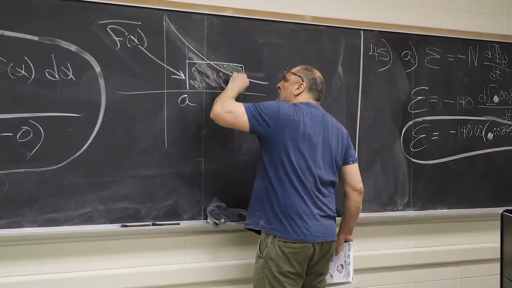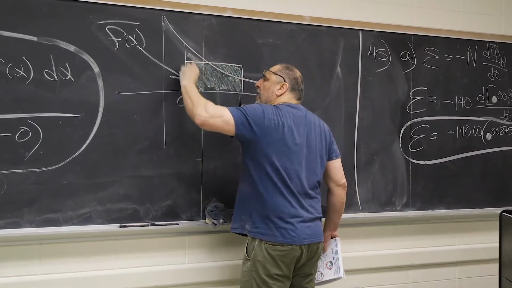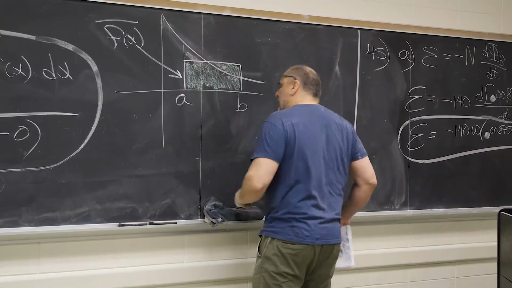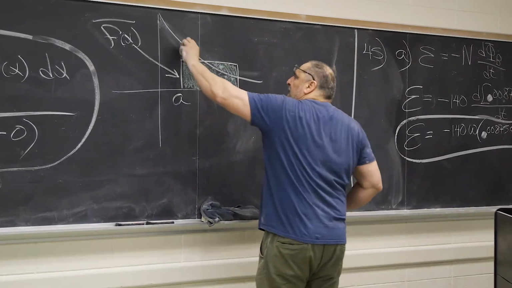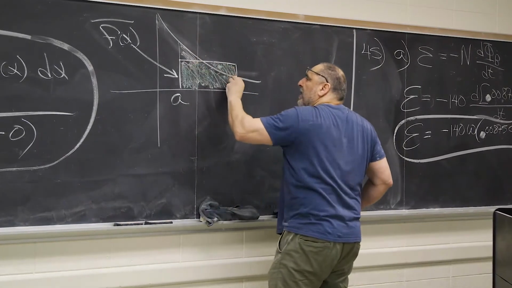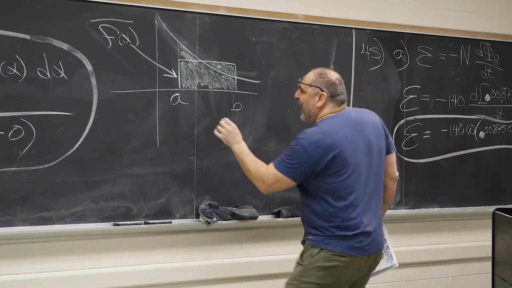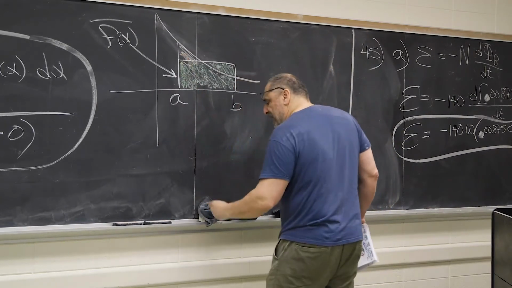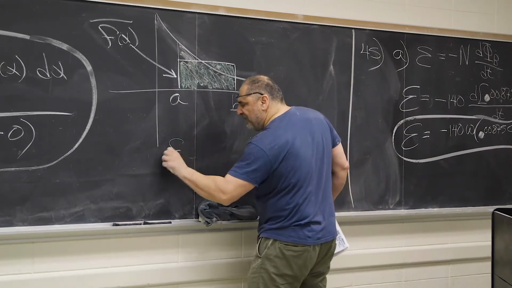The area underneath that rectangle is the same as that area. And that height right here, you'd have f bar.